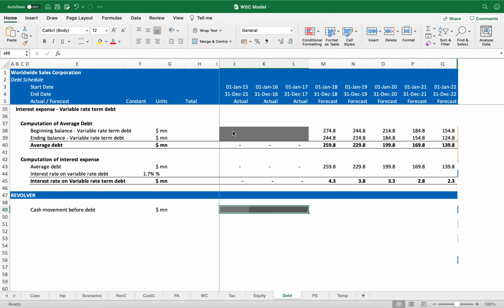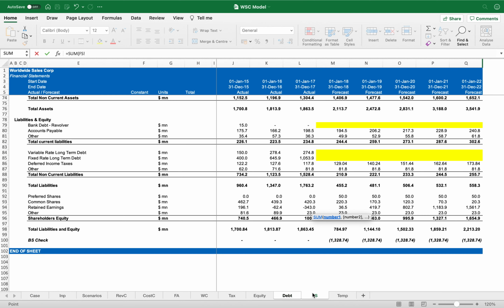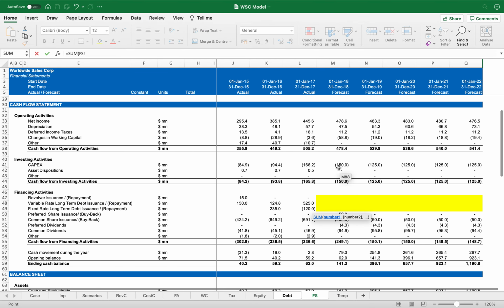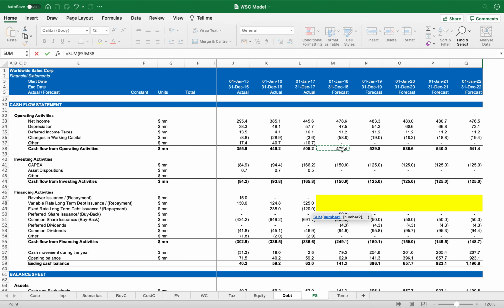Go to your cash flow statement and add everything apart from debt. So how do we do it? So I will add operating activities, cash from operating activities plus cash from investing activities.